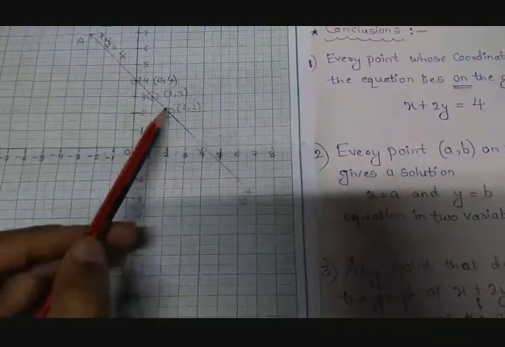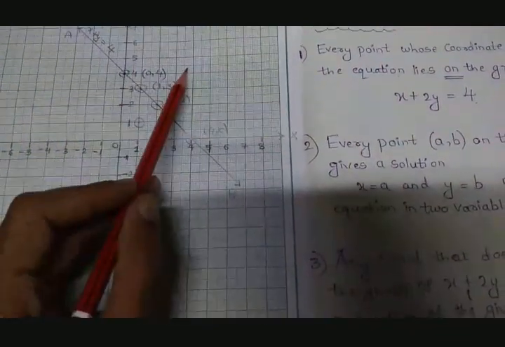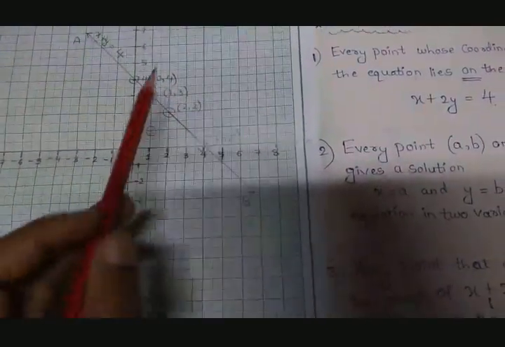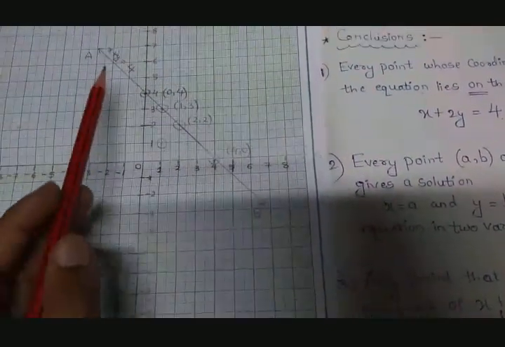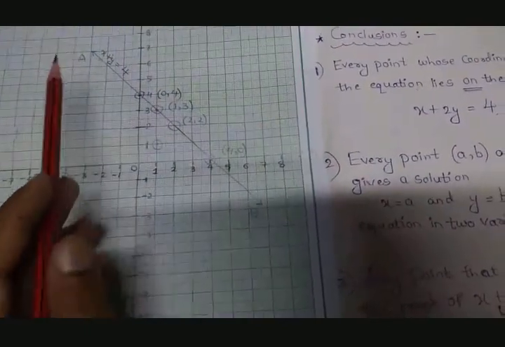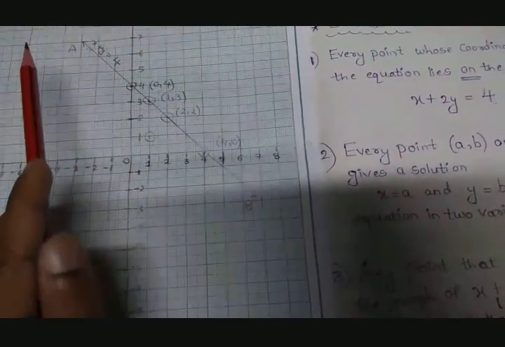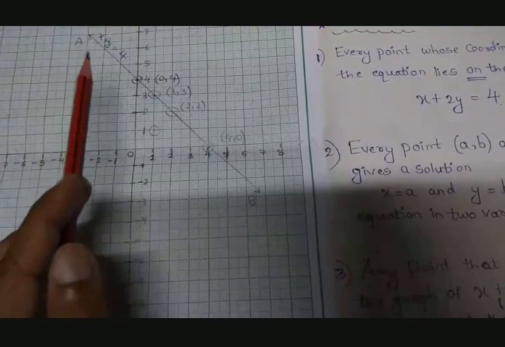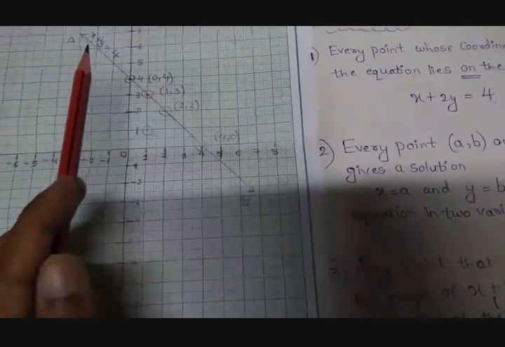If you take any point below or above this particular line and substitute it in this given linear equation, it does not satisfy. That is what we have to conclude.